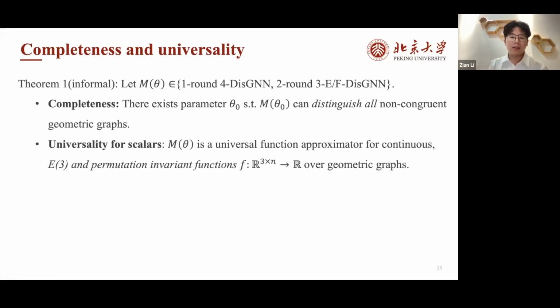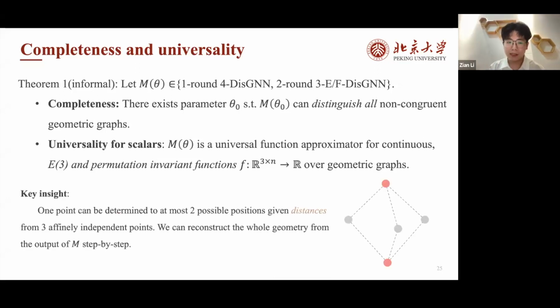And the second property is they are universal for scalars, meaning that M_theta is a universal function approximator for continuous E(3) and permutation invariant functions over geometric graphs. And the key insight for this is actually in the geometric setting, we can determine one point's coordinates to at most 2 possible positions if we are given the distances from 3 affinely independent points.